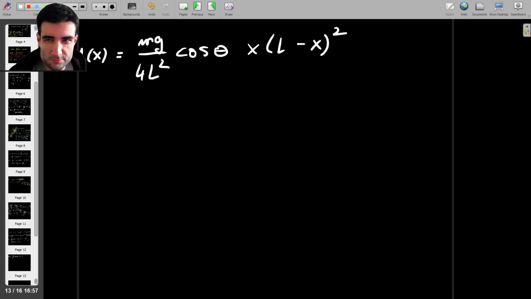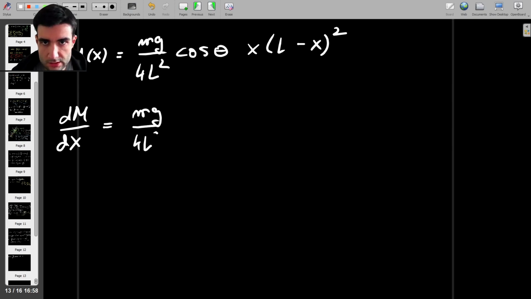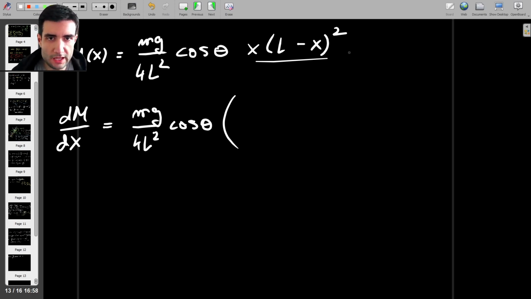So now we should show that this bending moment is maximum at the center of percussion. So if we take the first derivative with respect to x, this is going to be mg over 4L squared cosine theta. That's a constant, so we can just leave it. And then we can apply the product rule, or we can put the x inside. I think that's probably easier. So let's do that.